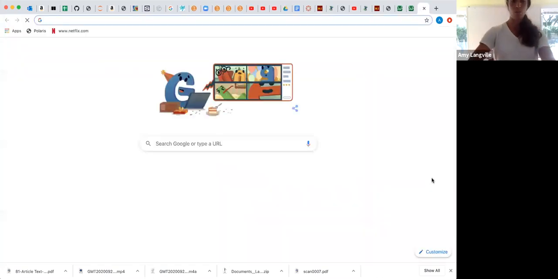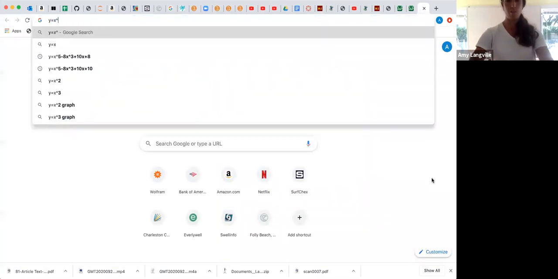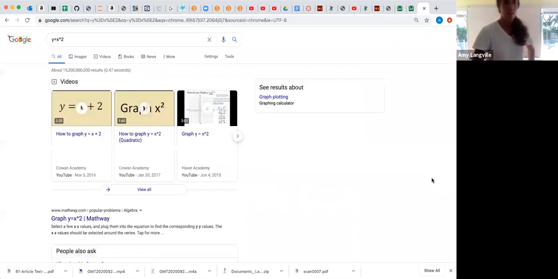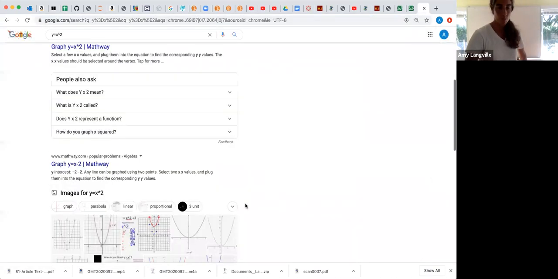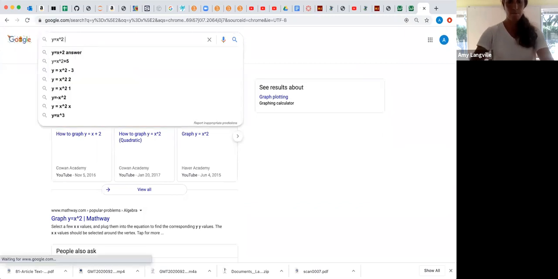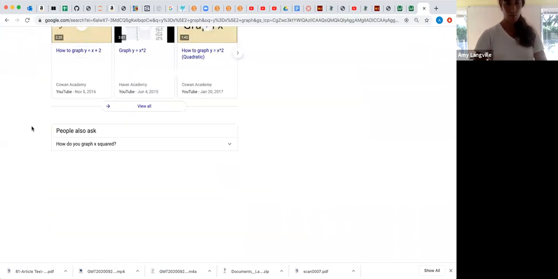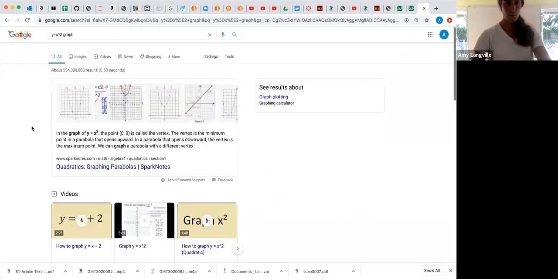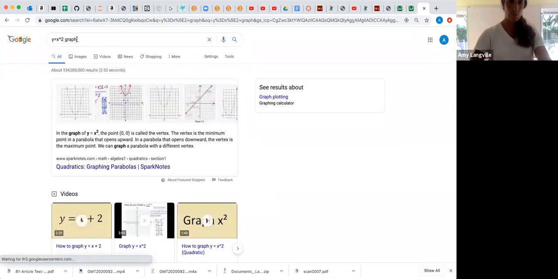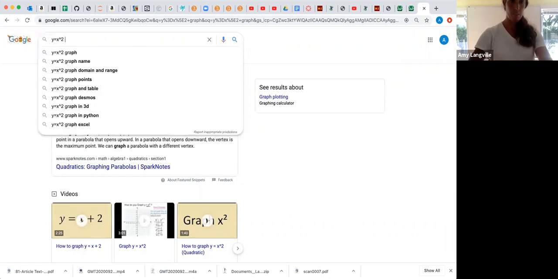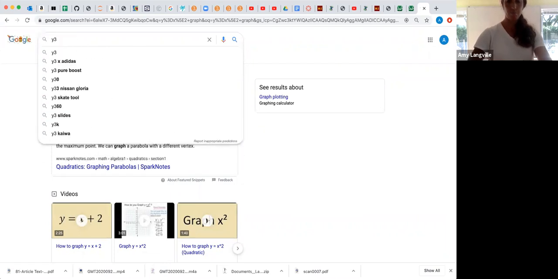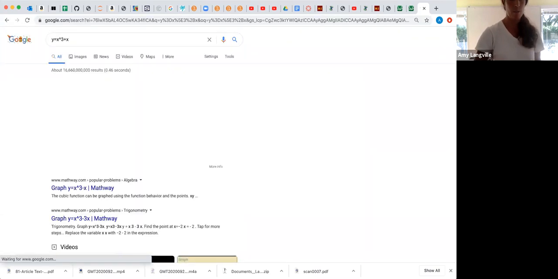All right, so I'm just going to go to Google and type in y equals x squared. Maybe it's set to graph it. Let's see. Okay, there.